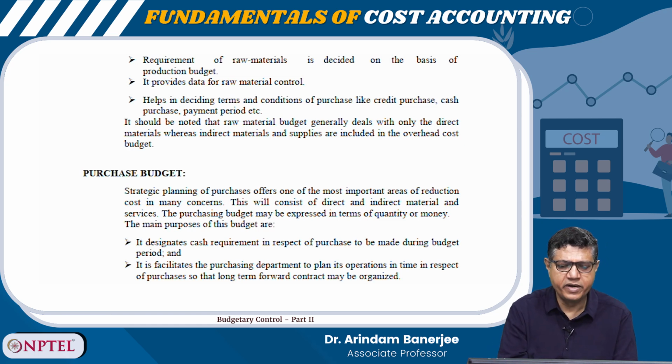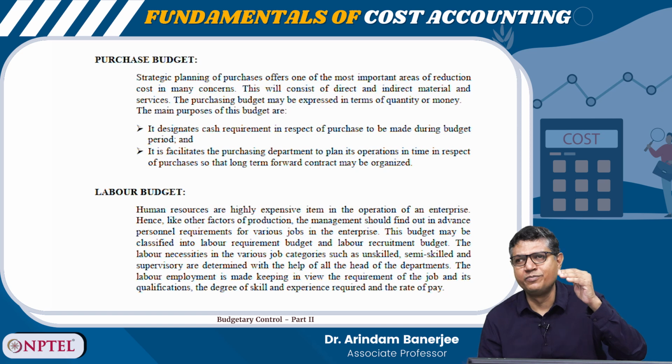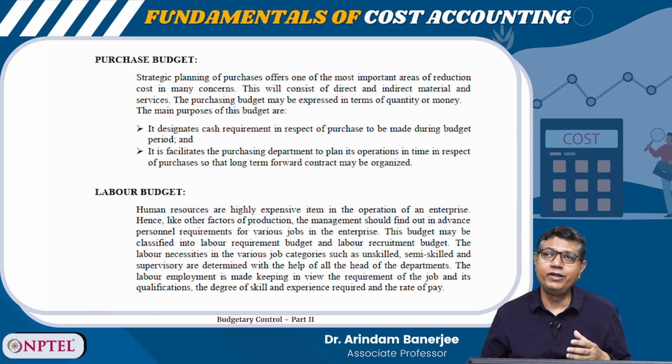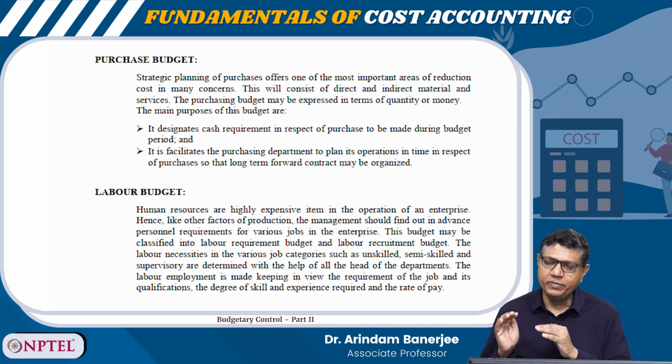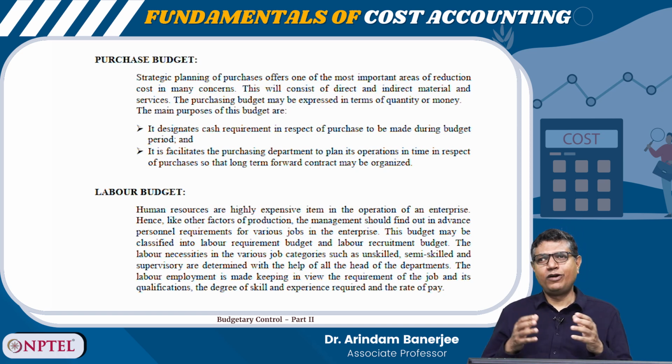Then I will prepare the labor budget. So the first major factor of production is material. But who will convert this raw material into finished products? Of course, the laborers. Now, the workers, the employees, I need to employ an adequate number of people. And not only that, the people whom I employ should be adequately skilled. If they are not skilled, then what will happen?